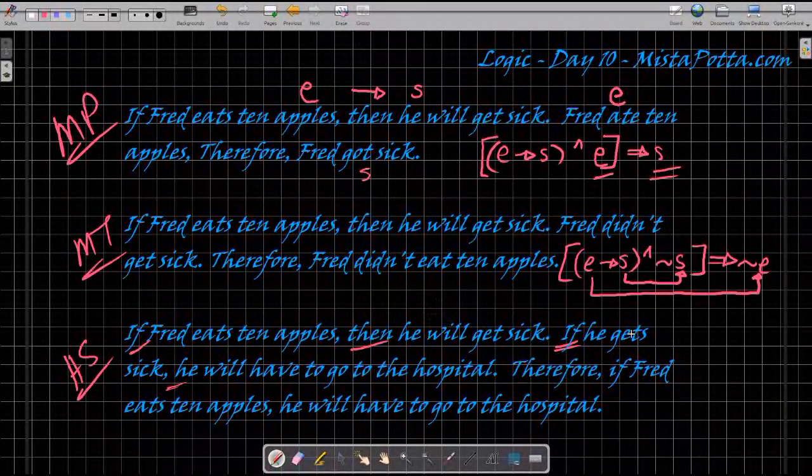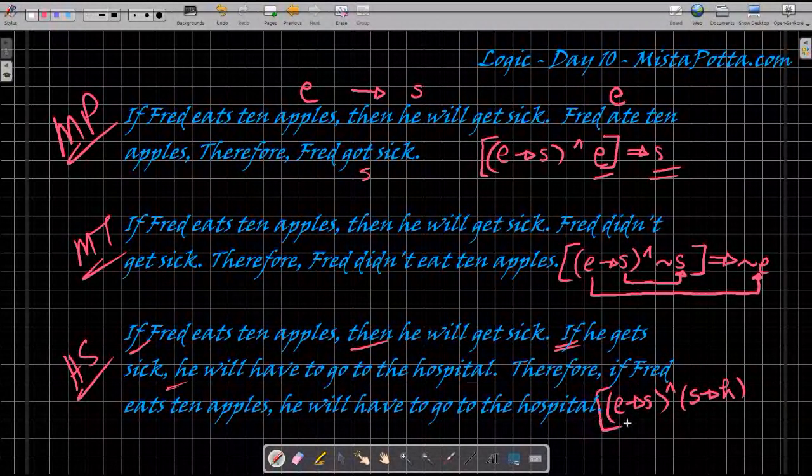If he gets sick, he will have to go to the hospital. So what I've got here is E conditional S and S conditional H.